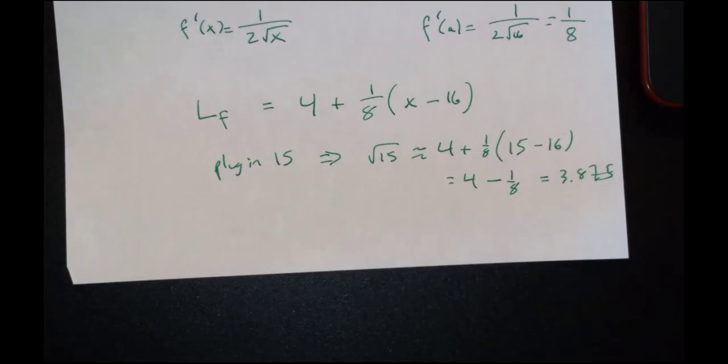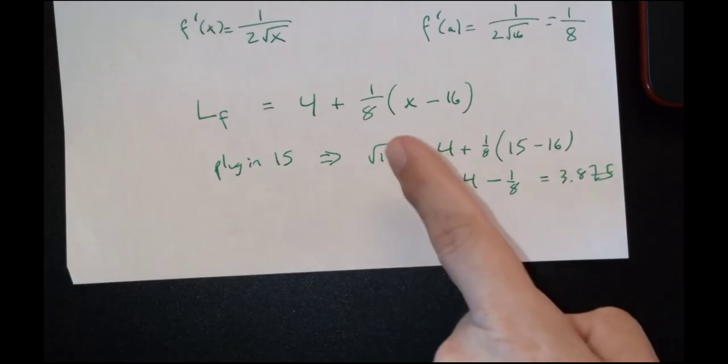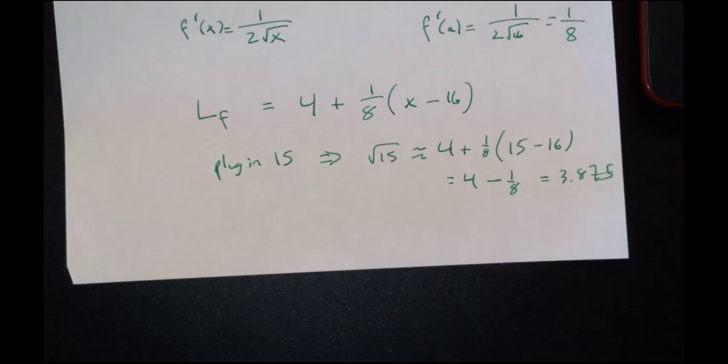The algorithm for finding a square root in this fashion was known in Babylon about 4,000 years ago. It wasn't written in calculus terms or in tangent line terms at all, but this idea can be found in cuneiform. That's how old it is.